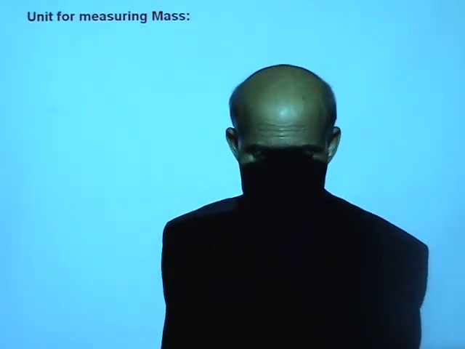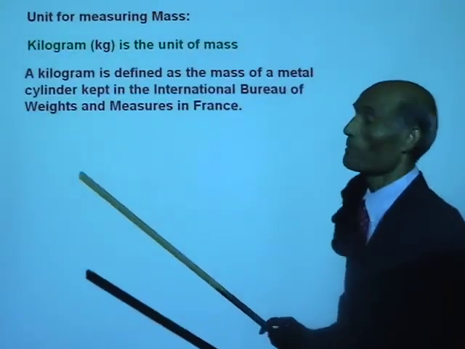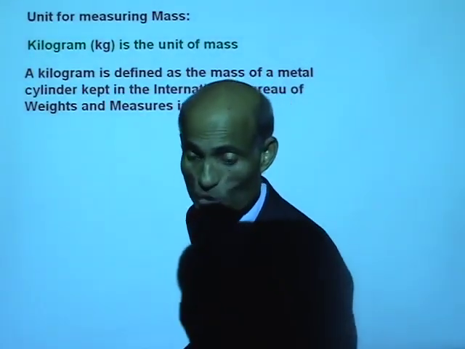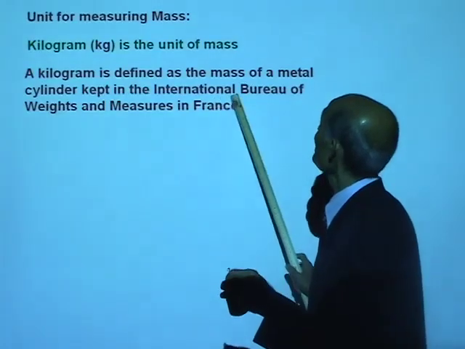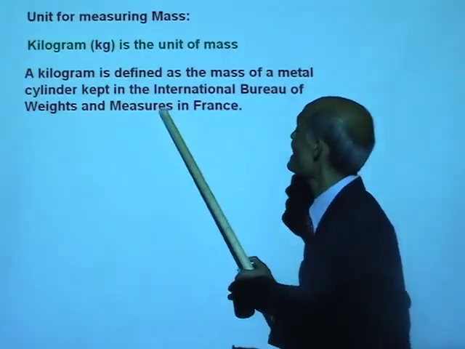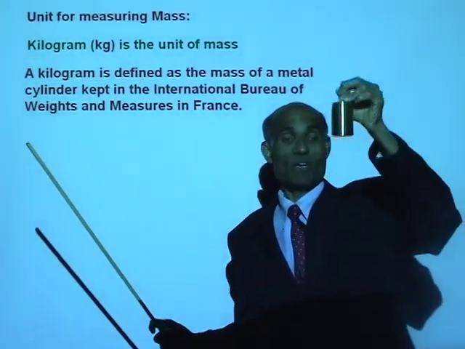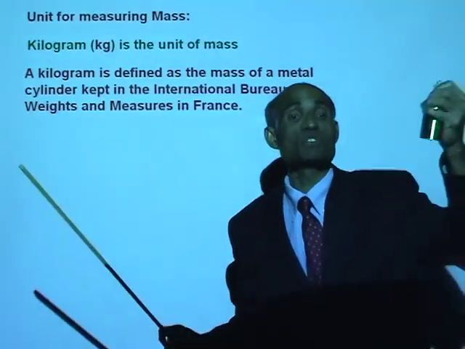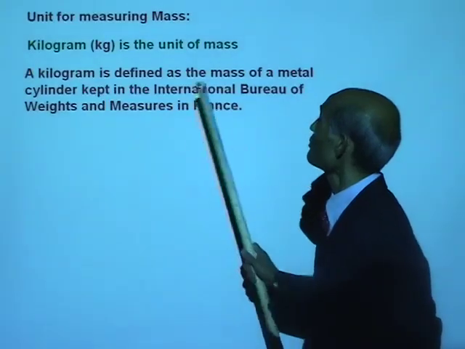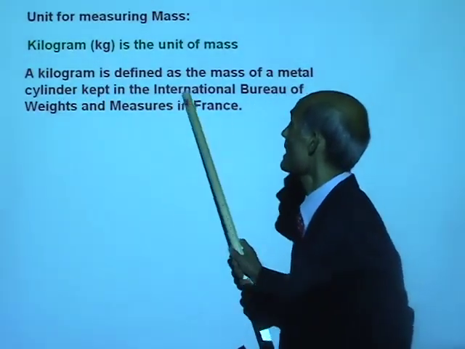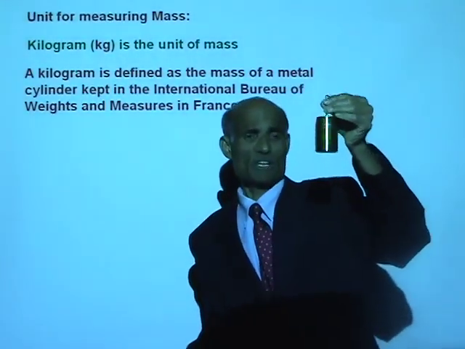A standard kilogram is sitting in the International Bureau of Weights and Measures in France. They have a standard kilogram there, and everywhere in the world that is duplicated as a kilogram. A kilogram is defined as the mass of a metal cylinder kept in the International Bureau of Weights and Measures in France. It is exactly like this.